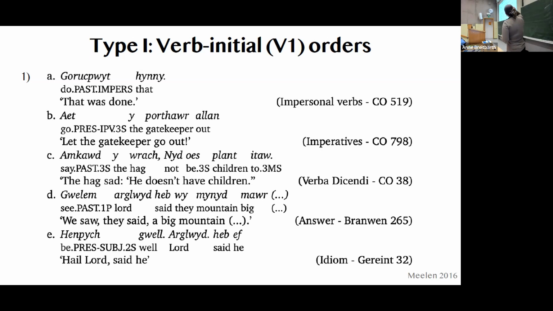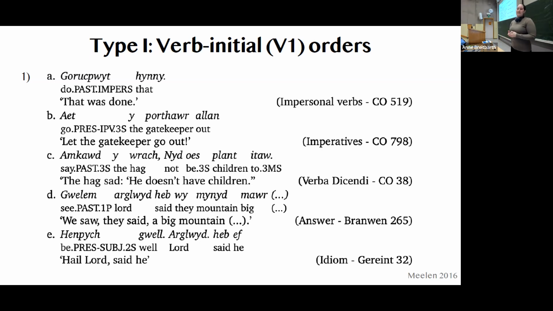So we have examples of verb initial word order, where you have, let's say, some sort of impersonal form, which can be translated as a passive, like goripwyd. So goripwyd, that was done. Goripwyd is the verb, and then honey is that. So that was done, where it's verb initial. You have imperatives, which are verb initial, which is not surprising, cross-linguistically, obviously.